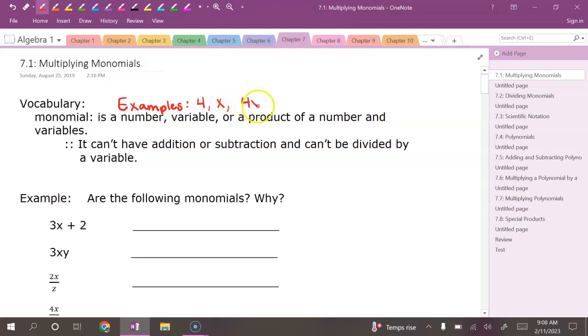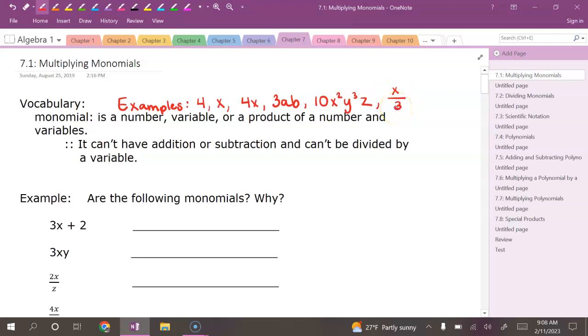So 4 times x. Or you could have 3 times a, b. That would also be a monomial. They could even get really complicated and start having exponents with those letters, like 10x squared, y to the third, z, something like that.